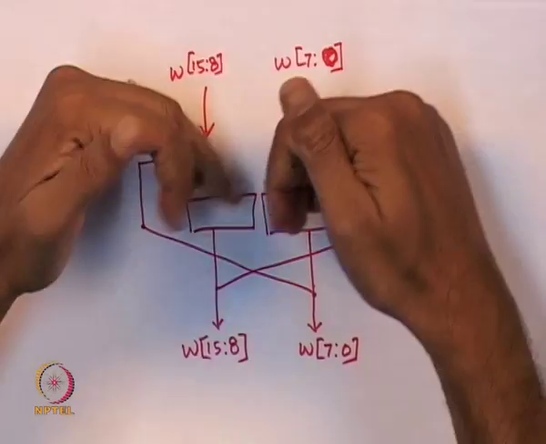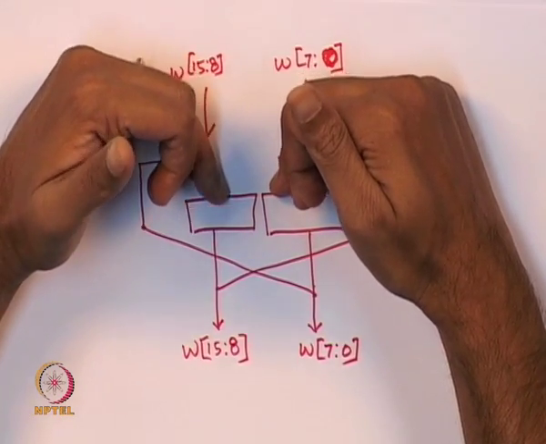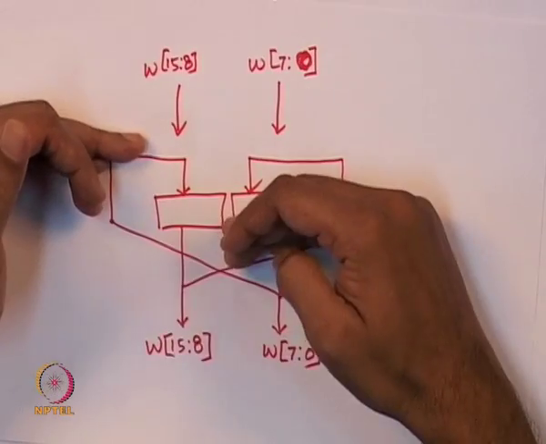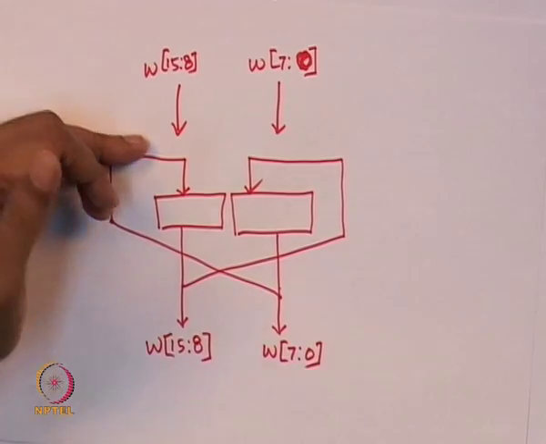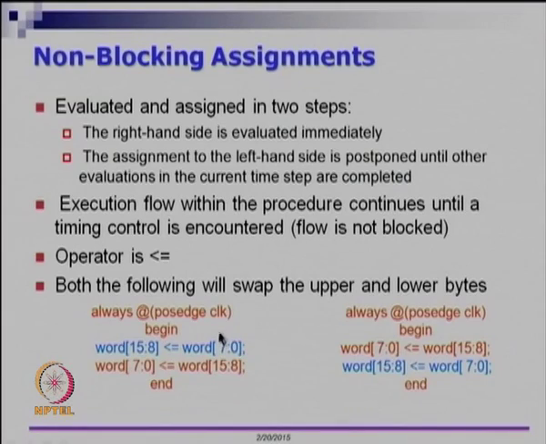I am going to place them as inputs here, but these inputs will get committed only when the next clock pulse comes in. So what you see in this slide is, I evaluate all the things that are there on the right side, and in one go I assign all of these things on the left side.